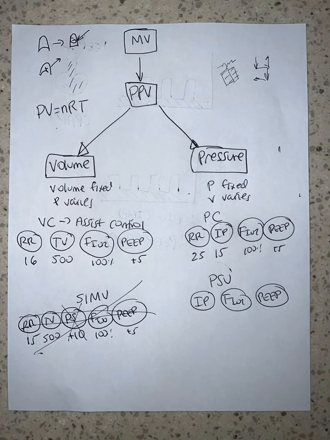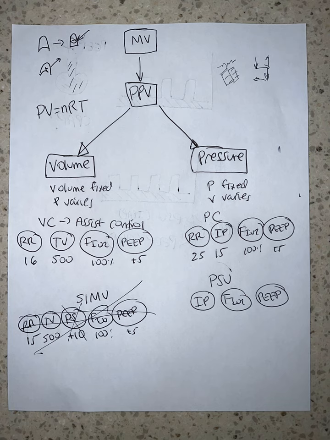Here, if I dial in a respiratory rate of 15, tidal volume of 500, pressure support of 10, 100% FiO2, PEEP of plus 5, they'll get 15 breaths at 500. Everything else, they'll get a pressure support of 10.